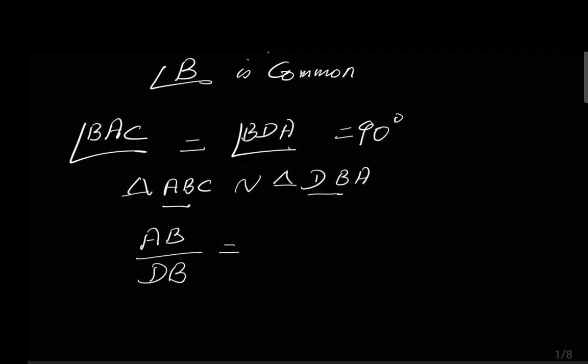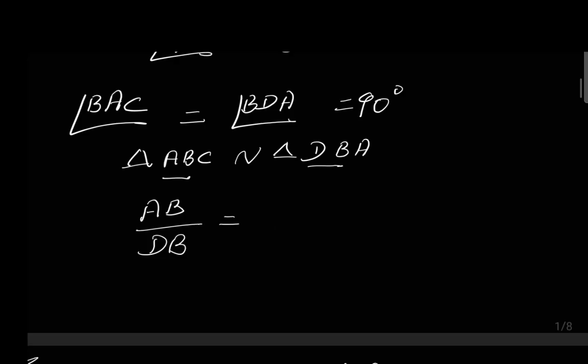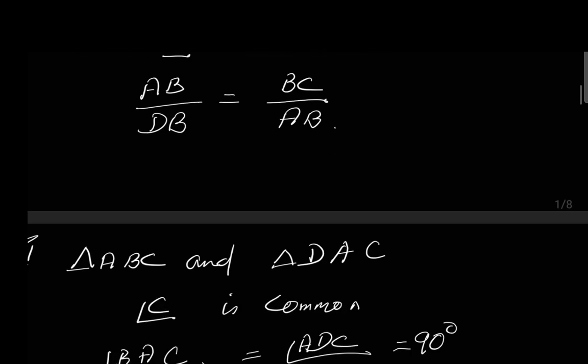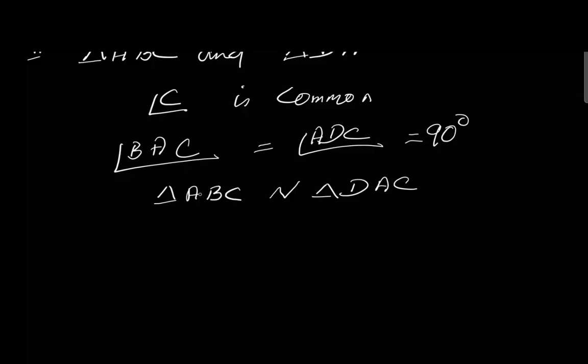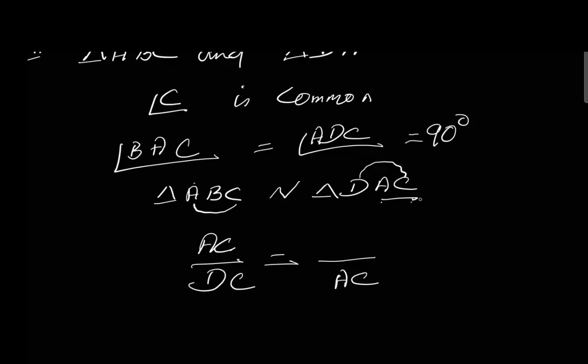AB over DB is equal to BC over AB, taking the second and third letters. Similarly, AC corresponds to the first and third letters, DC, and AC in the denominator comes from the second and third letters, BC.